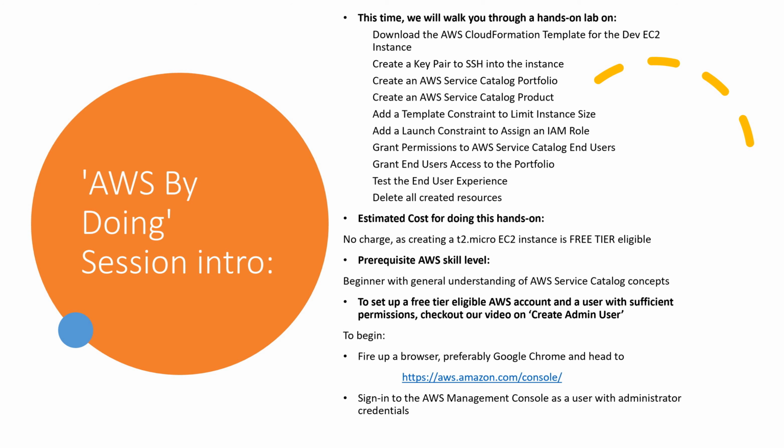This time, we will walk you through a hands-on lab on how to download the AWS CloudFormation template for the Dev EC2 instance, create a key pair to SSH into the instance, create an AWS Service Catalog portfolio, create an AWS Service Catalog product, add a template constraint to limit instance size, add a launch constraint to assign an IAM role, grant permissions to AWS Service Catalog end users, grant end users access to the portfolio, test the end user experience, and finally, delete all created resources.